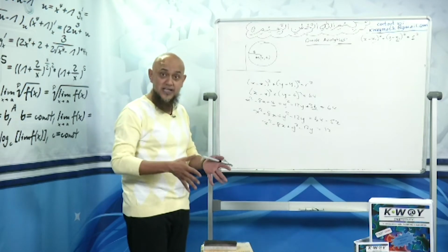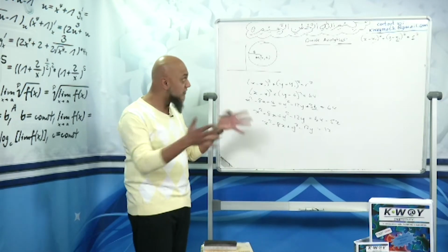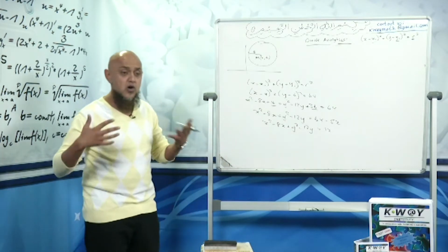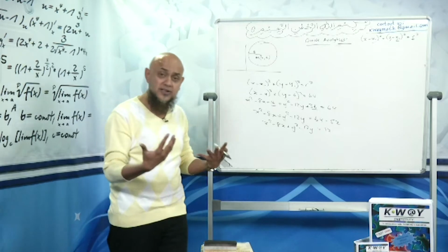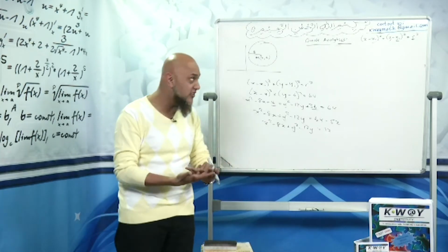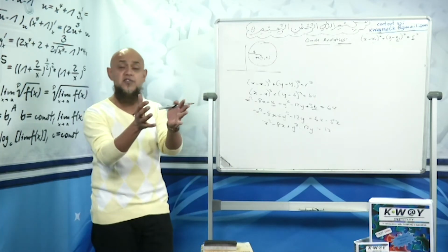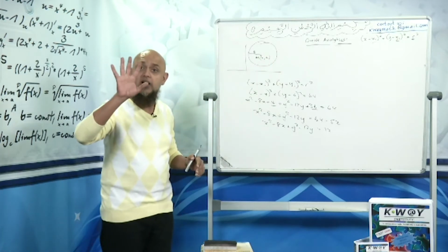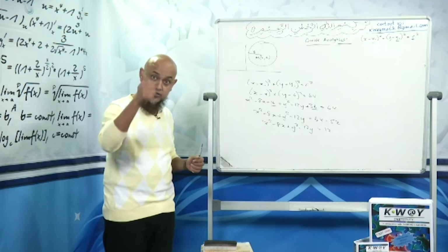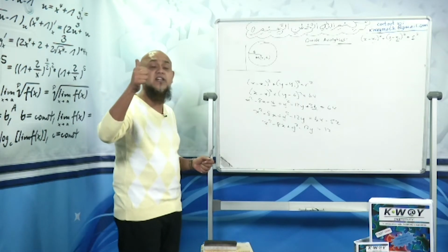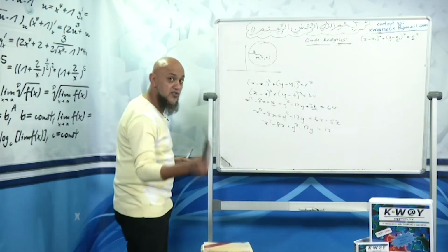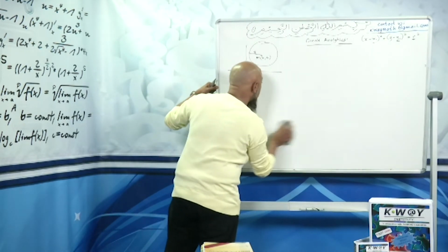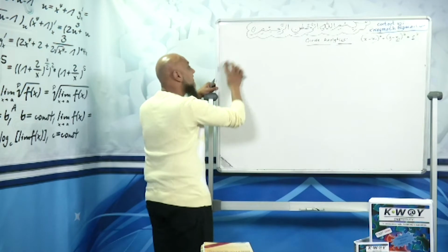Hopefully by the end of today's episode, you should be fully conversant with circle analytics, because whatever challenge you are faced with in the exam will be within the boundaries of these 4 subsections. The first one was finding the equation of a circle whose center is not at the origin and the radius is given. Now what if the radius is not given? So type 2 is if the radius is not given.